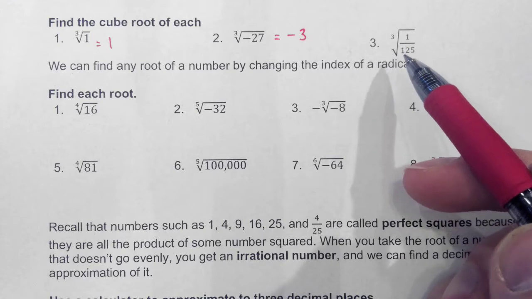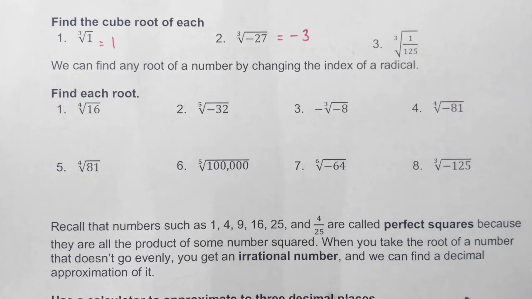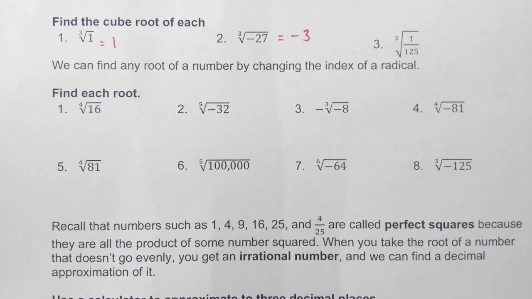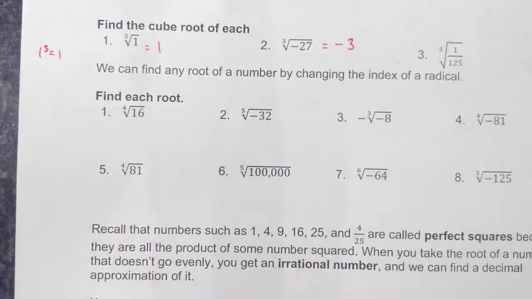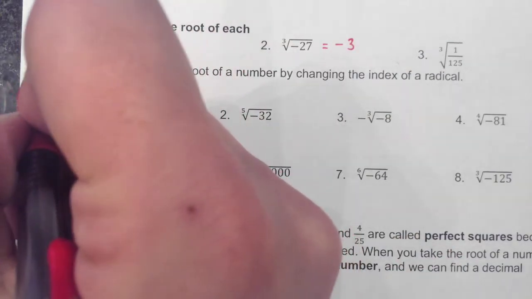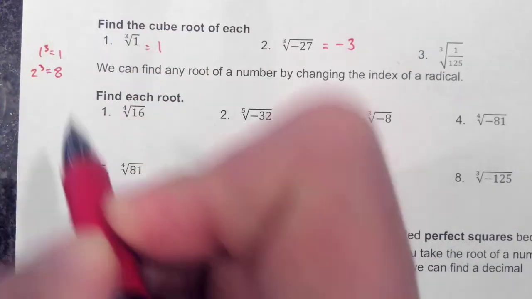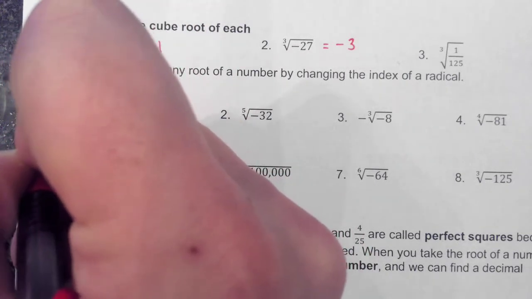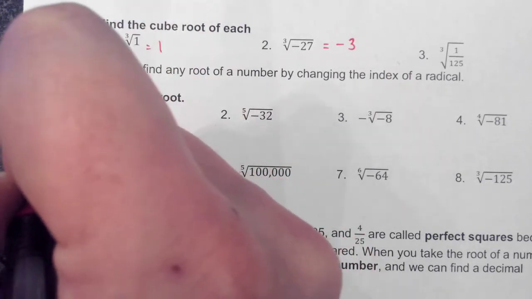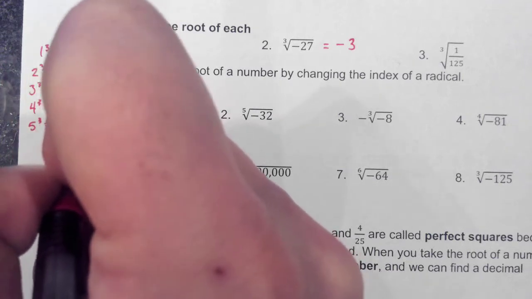So it might be beneficial to know some of the cubes. If you know the cubes up to 5 or 6, you'll probably get everything. So if you don't know what I'm talking about, 1 cubed is 1, 2 cubed is 8, 3 cubed is 27, 4 cubed is 64, and 5 cubed is 125.